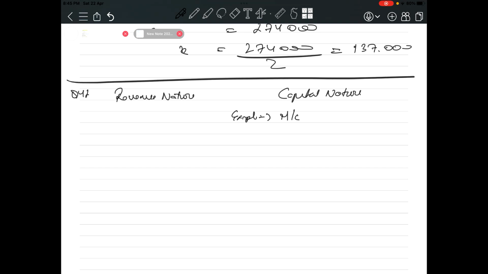We have purchased a machinery for rupees 10,000 and we have paid installation expenses of rupees 100, for example. Say I'm running a business, or you are running a business.